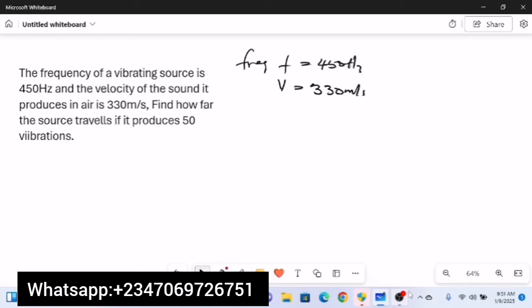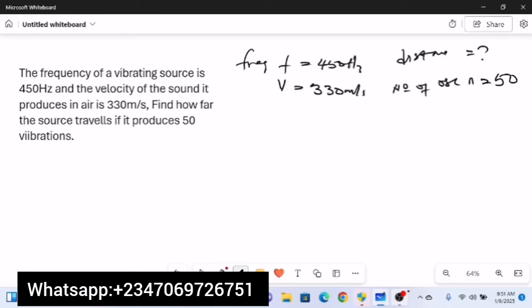We are now to find how far the sound travels, that is distance. Given the number of 50 vibrations, so the number of oscillations, call that n, is given simply as 50.